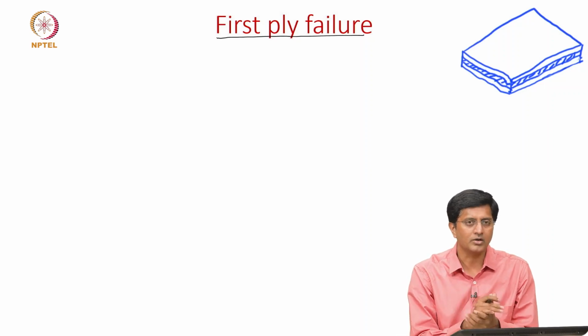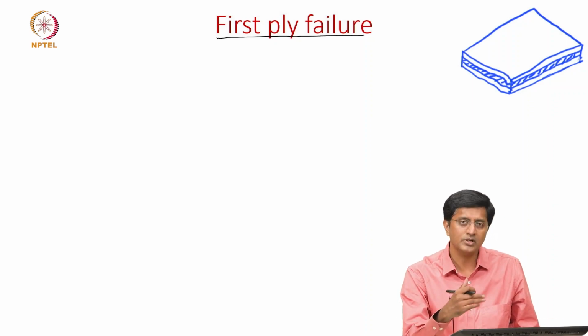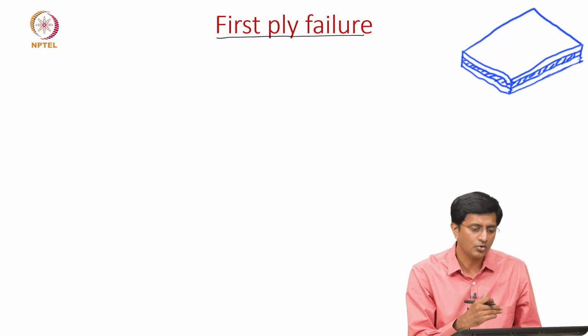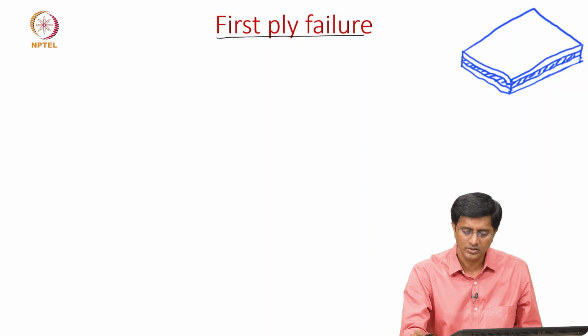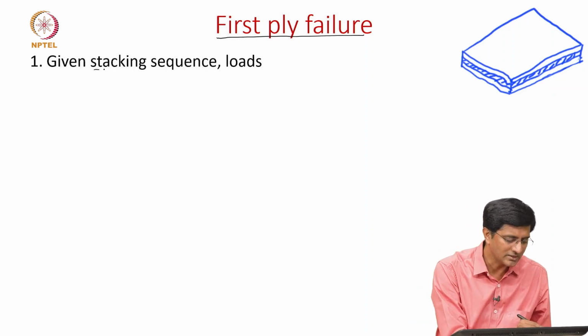But on this slide, let's focus on how to predict when this first layer fails. For this, we can again use the classical laminate theory that we have discussed. So I'll be showing you in several steps how to predict this failure. The first step is to say that we are given a stacking sequence.